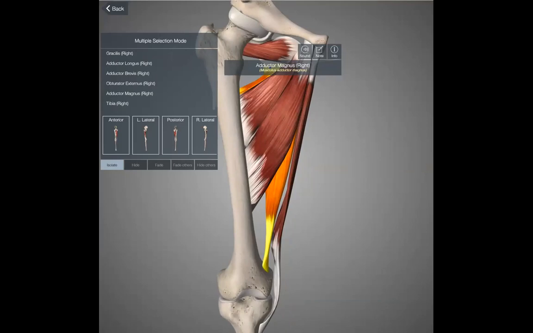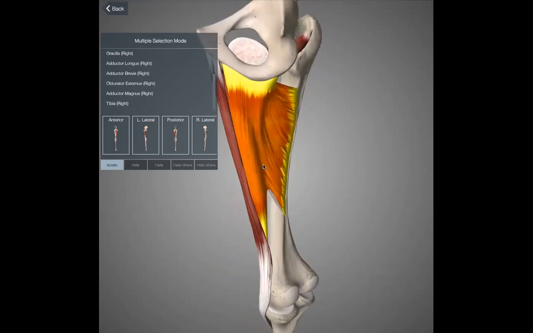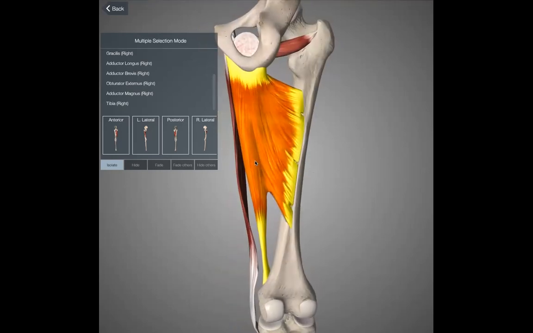The adductor magnus, from its name, it adducts. It is the largest muscle of the medial compartment of the thigh. Okay, and it is made up of 2 parts: the adductor component and a hamstring component. This is the adductor component, and this is the hamstring component.